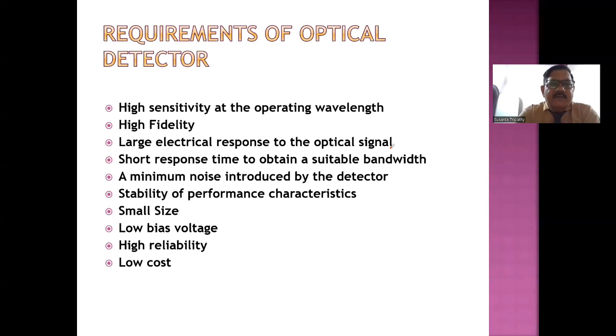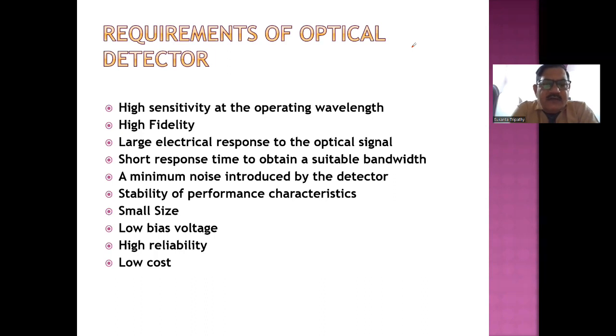So again, you have to understand what the requirements for an optical detector are, and we have mentioned some of these requirements. The first requirement is high sensitivity at the operating wavelength. That means if you want to detect a particular signal, what is important is to know the wavelength you want to detect.